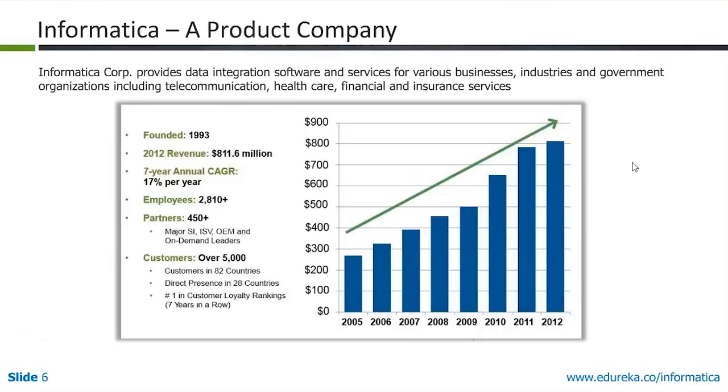But the noteworthy point is it has around 5,000 customers spread over 82 countries, and Informatica has direct presence in 28 countries. So it has a large customer base, and a lot of companies these days use Informatica to perform their data integration activities.